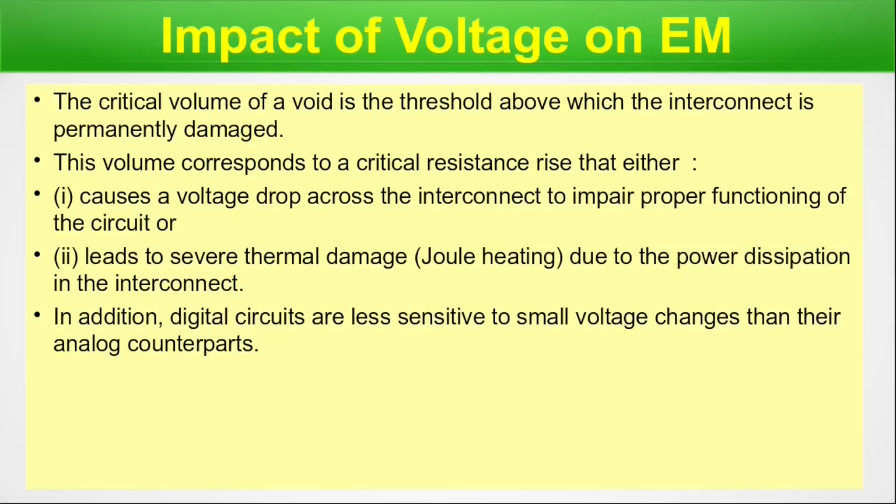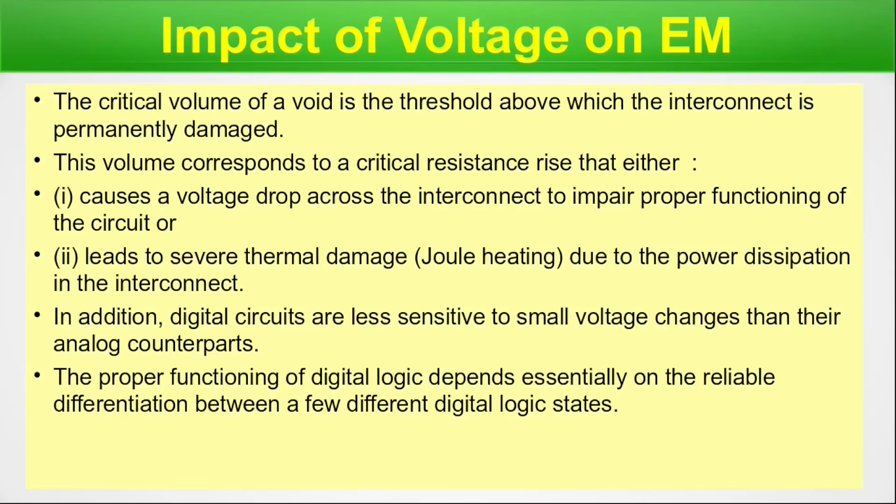In addition, digital circuits are less sensitive to small voltage changes than their analog counterparts. This we know very well. In digital, we have 0 and 1 levels, and in analog, we have exact voltage. So digital circuits are less impacted by small voltage changes. For 0, generally we have a small band, and for 1, we also have a small band of voltage. So any change within that particular band will not impact the level.